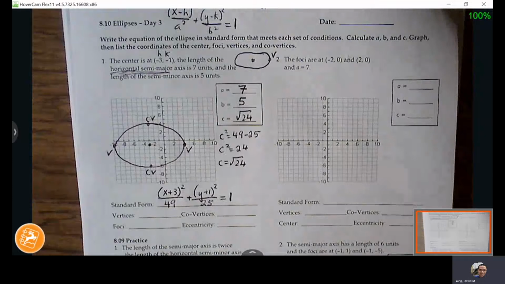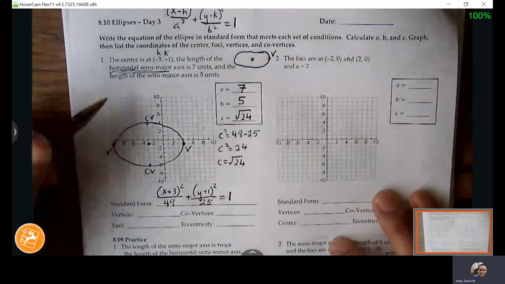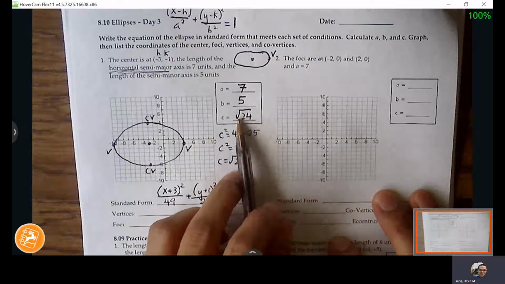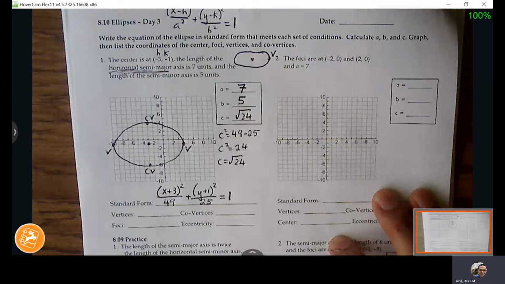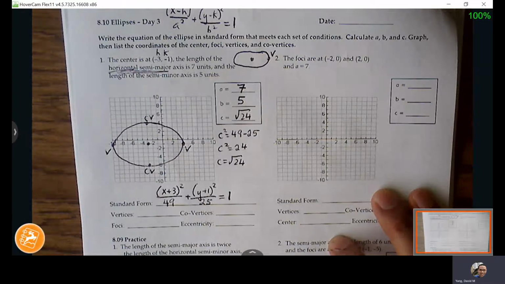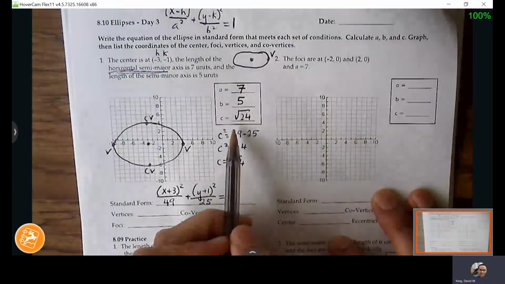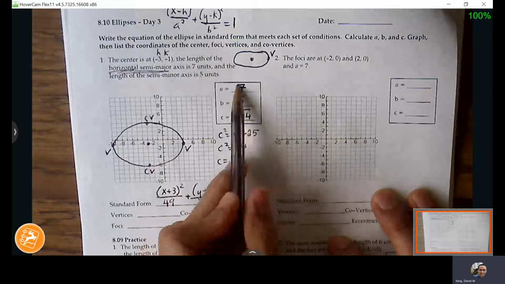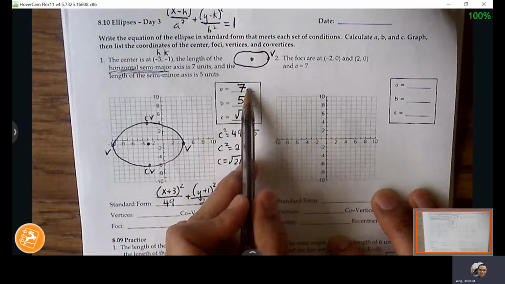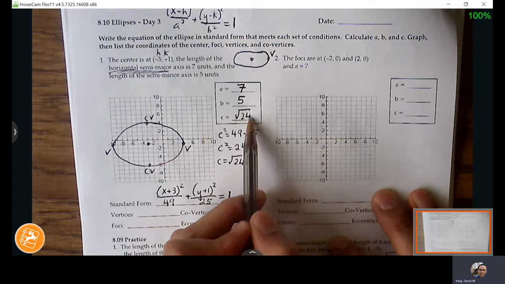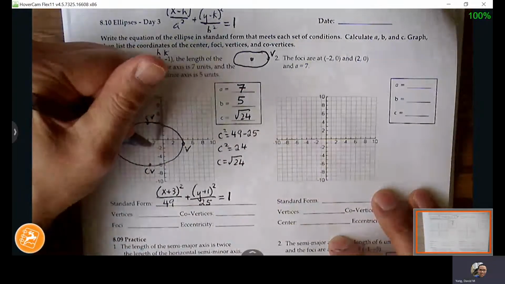Root 24 is a little bit less than root 25, so it's like 4 point something. Remember, your C value is always going to go in the same direction as your A. So whichever direction you move your A, the focus is always going to be in the same orientation as your A. Right? So because we move left and right for the A, we're going to move left and right to get to the C, or to get to the focus.